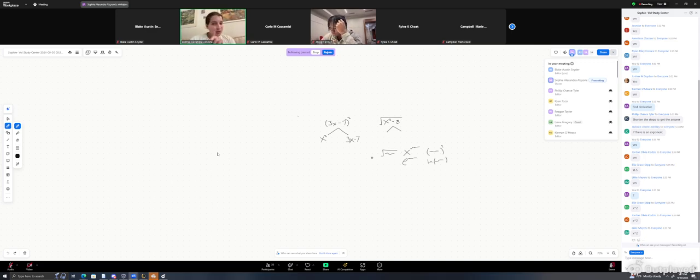And of course, these squiggles that I'm drawing here have to be complicated, so they can't just be an x. If they're x plus 1, that counts for chain rule. If they're 2x, that counts for chain rule. But if I just have an x here, we don't need chain rule.